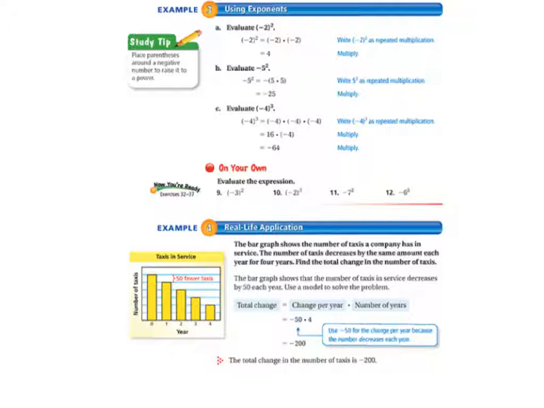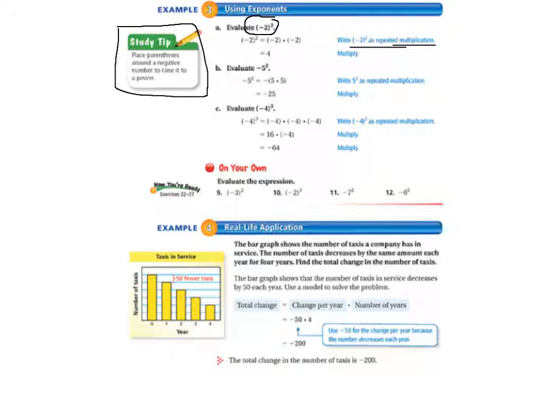Let's go on to page 25, example number 3, using exponents. Read the study tip off to the side that says to place parentheses around a negative number to raise it to a power. So when we evaluate negative 2 to the second power, we write negative 2 to the second power as repeated multiplication. Take a look at your problem, and it has the negative 2 in parentheses.